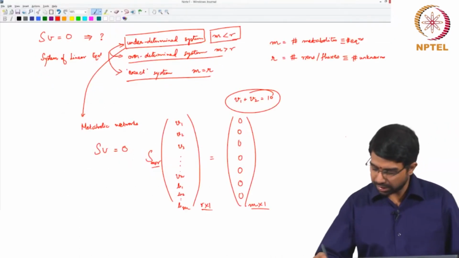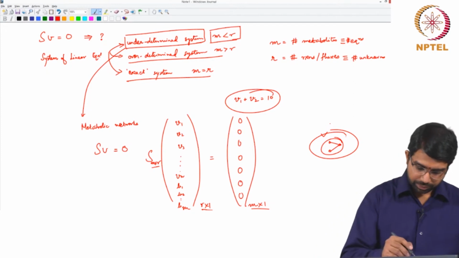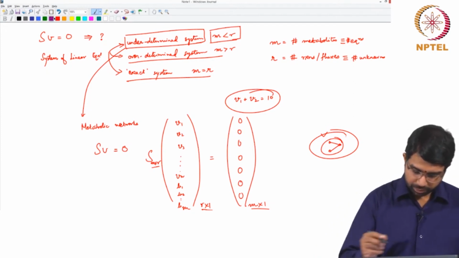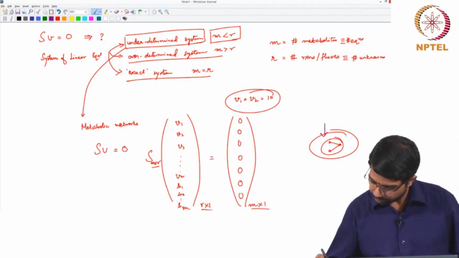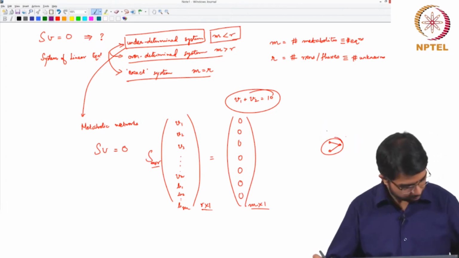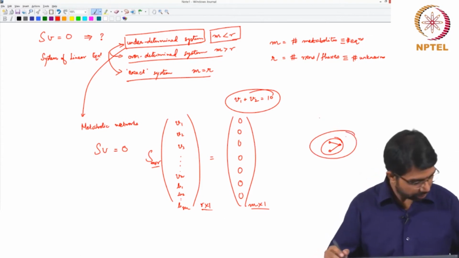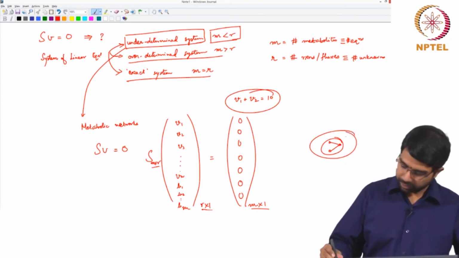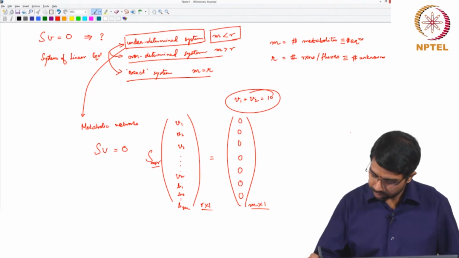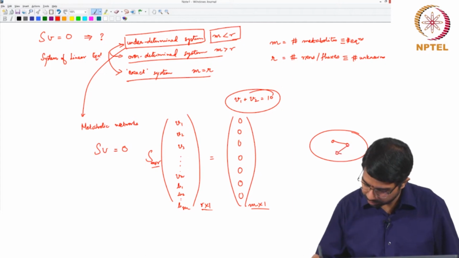So, you will typically have a cell like this, and all these are internal fluxes. Think of a cell, you have several internal fluxes, internal reactions.